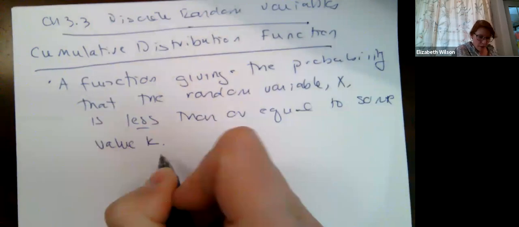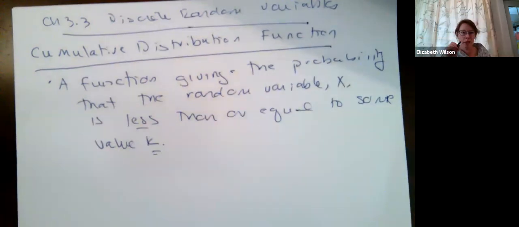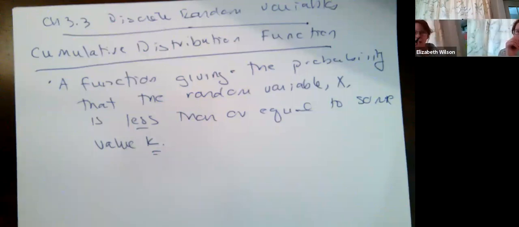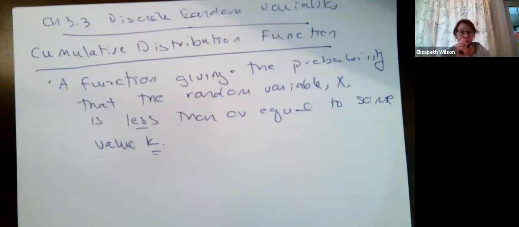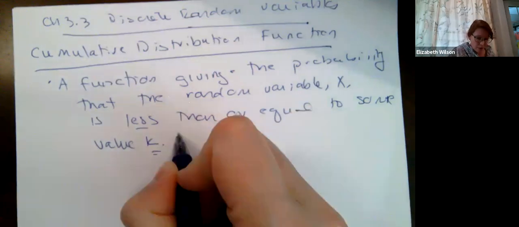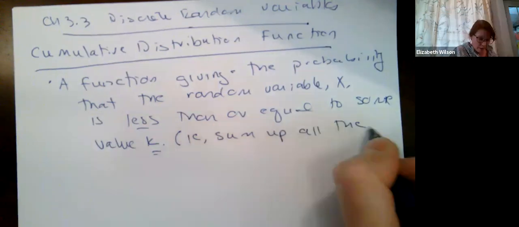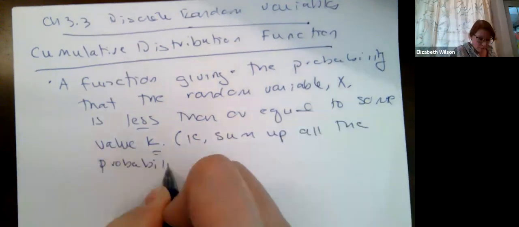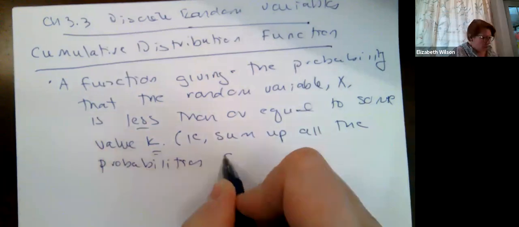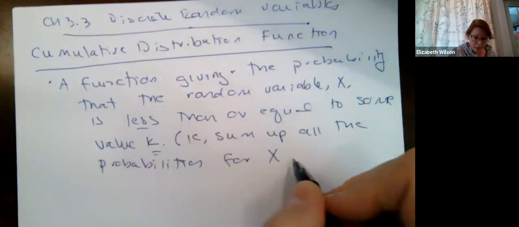Unlike our PDF, where we say this is the probability that our random variable is equal to this value, our cumulative distribution function says that when I get to this point, the value here on my y-axis is the probability that my random variable is less than or equal to this value. So we're accumulating all of those probabilities as we go. What this means is we're going to sum up all the probabilities for x, our random variable, being less than or equal to k.